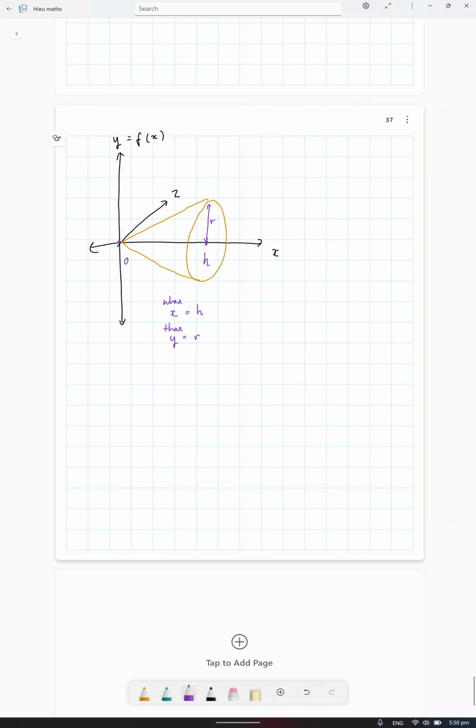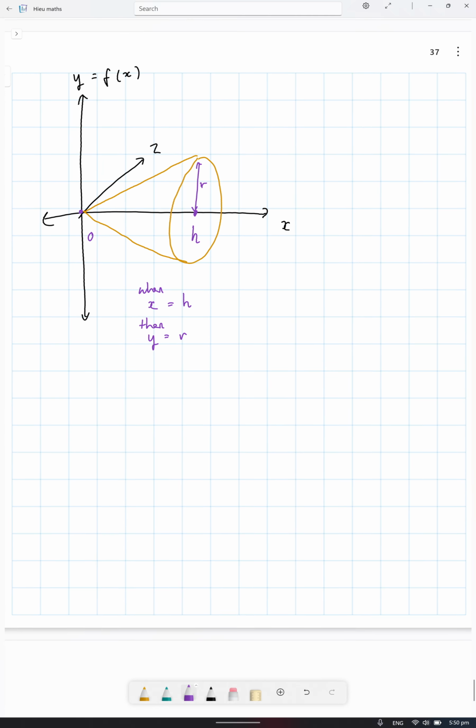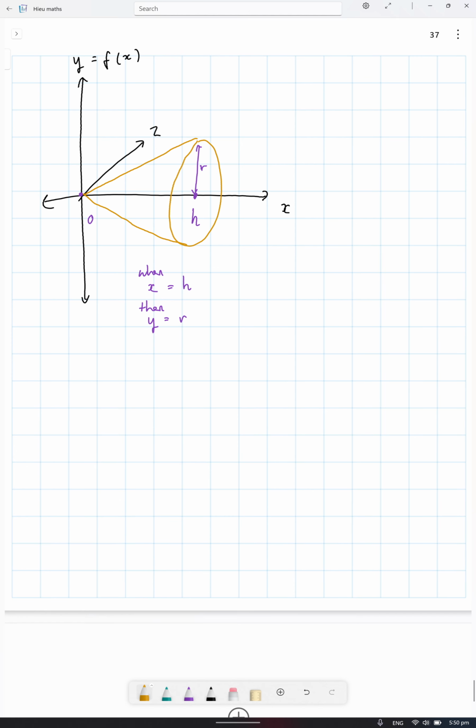Okay, and now today in class, we learned that you're supposed to split shapes into different slices. So for example, if we split the cone into pieces like this, and just keep splitting it.